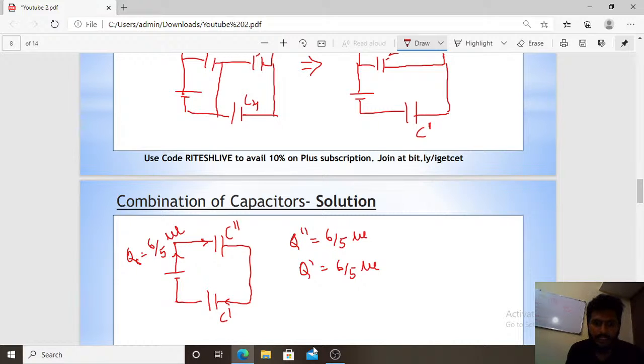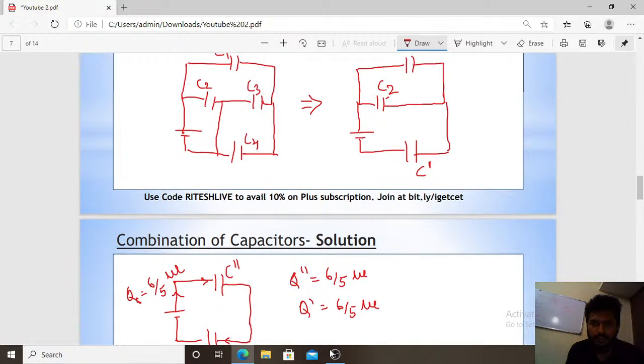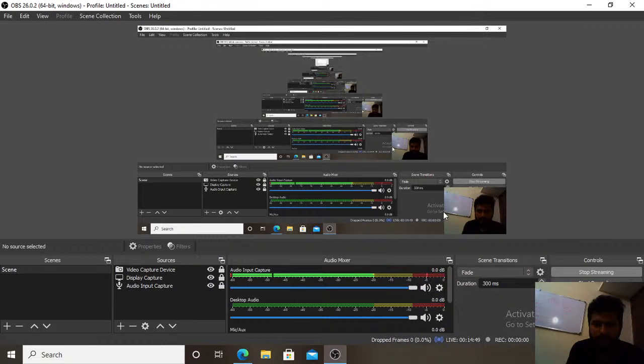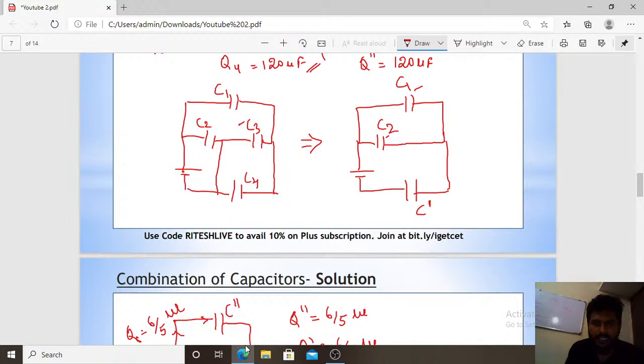So what is Q dash? Go through this. What is Q dash? Q dash is nothing but the combination of C3 and C4, right?